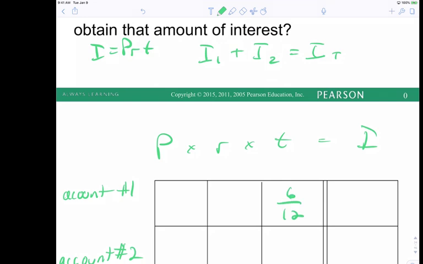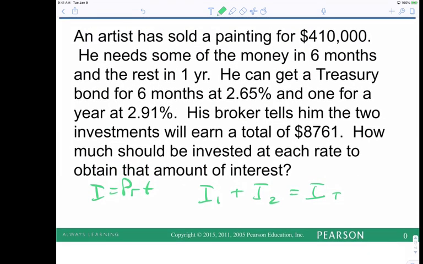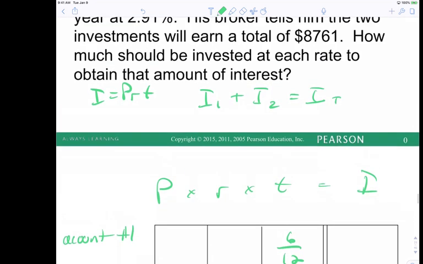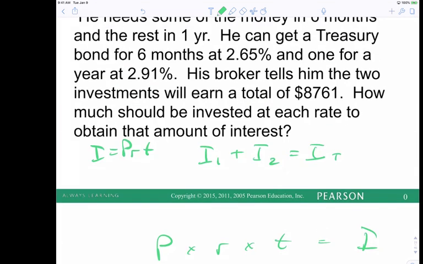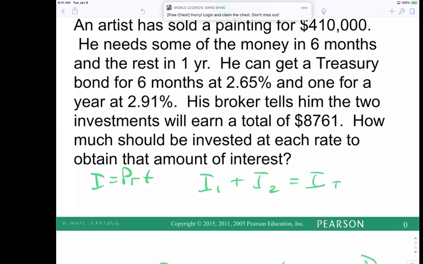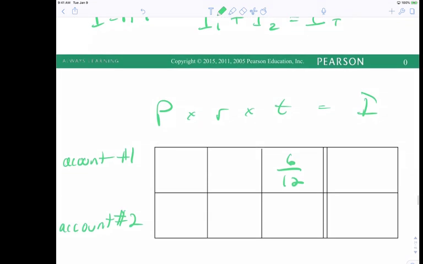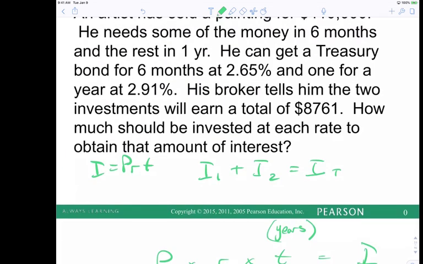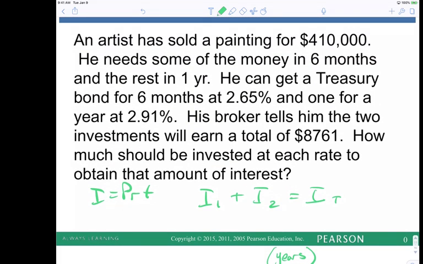And then the other one, what's the time? One was 6 months, the other is a year, right? The other is a year. So again, this has to be in the units of years. Let's see what else. He can get the 6 months at 2.65% as his rate.